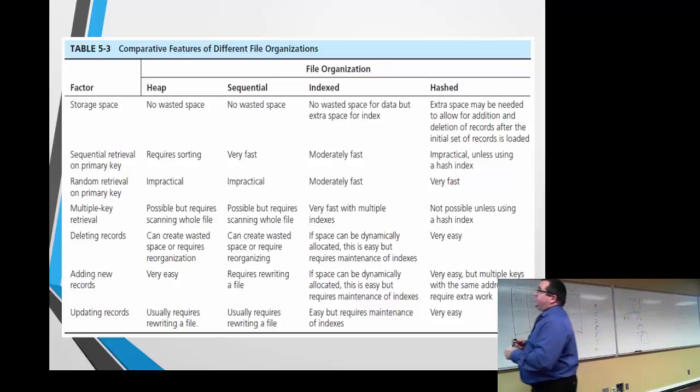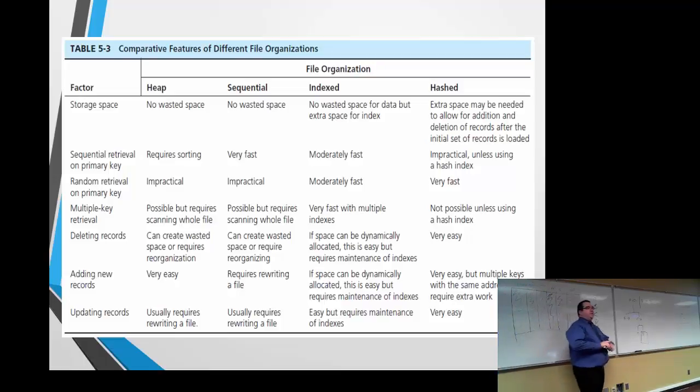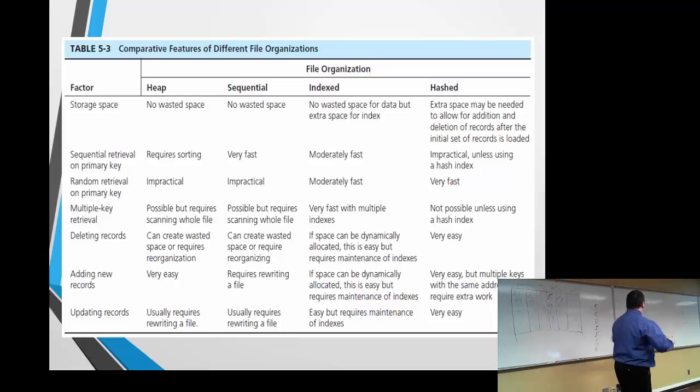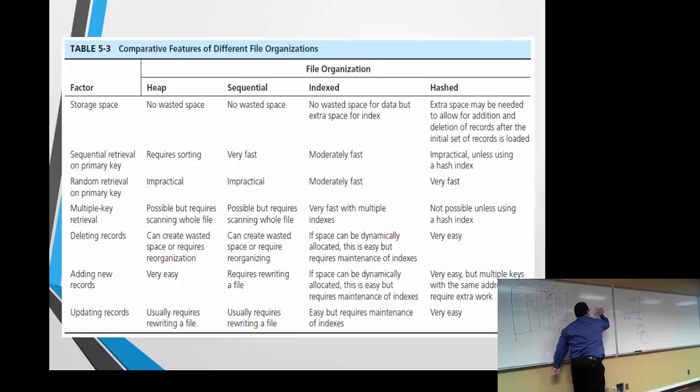But there's certain advantages. If you're using a heap, it requires sorting. It tells you what's good and what's bad. If it's a heap, adding a new record is good. If it's sequential, you have to rewrite the file. For example, sequential indexes, right? Let's say right now the database is A, C, D, E, F, and you use sequential.